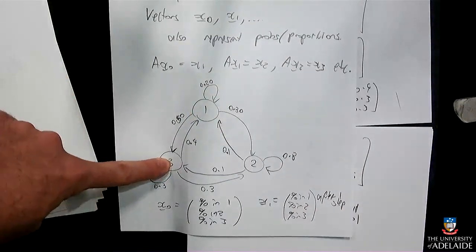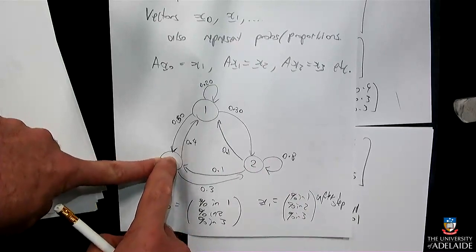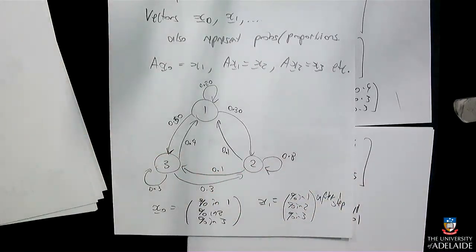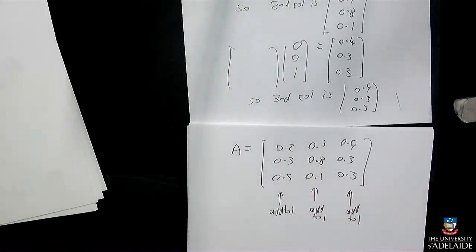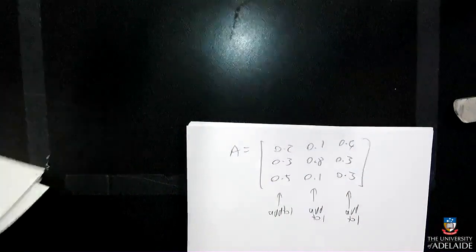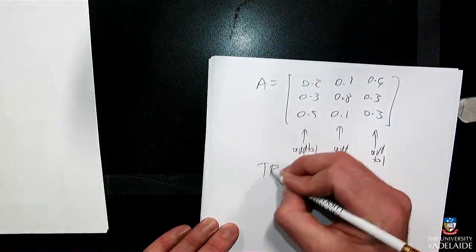But simultaneously, 80% of the whatever percent are ending up here as well. And so all of those things end up together, and you get a new percentage there that's combined from all three of them, and the matrix multiplication will neatly just keep track of all of that all at once. And you don't have to worry about any of that. And that's why they're so cool, Markov chains. So, this is called a transition matrix.